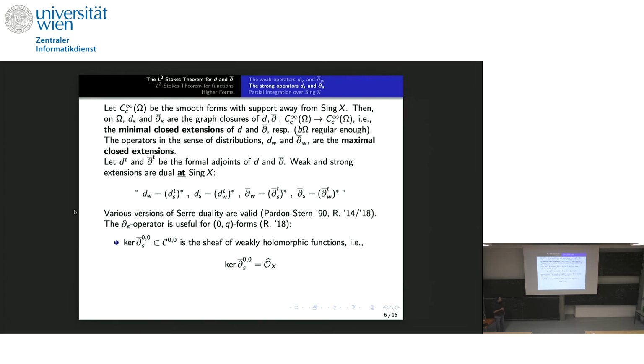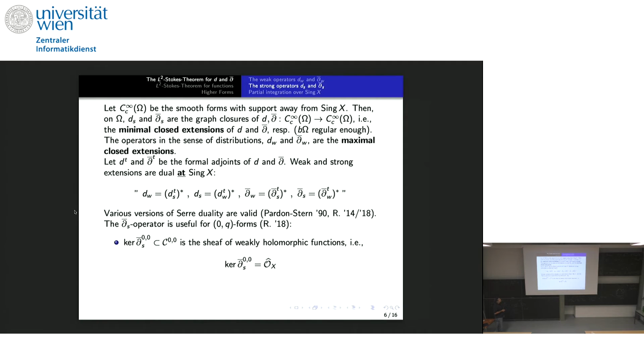Okay, and in contrast to the d-bar operator in the sense of distributions, the strong d-bar operator is useful for zero-q forms. For example, the kernel of d-bar_s on functions. You take holomorphic functions on the regular part of the variety which are L2 up to the singular set and in the kernel of the d-bar_s operator, so they can be approximated in the graph norm by smooth forms with compact support.